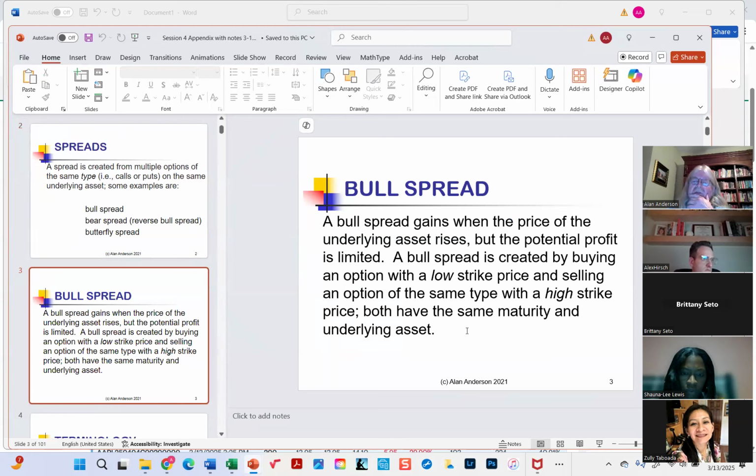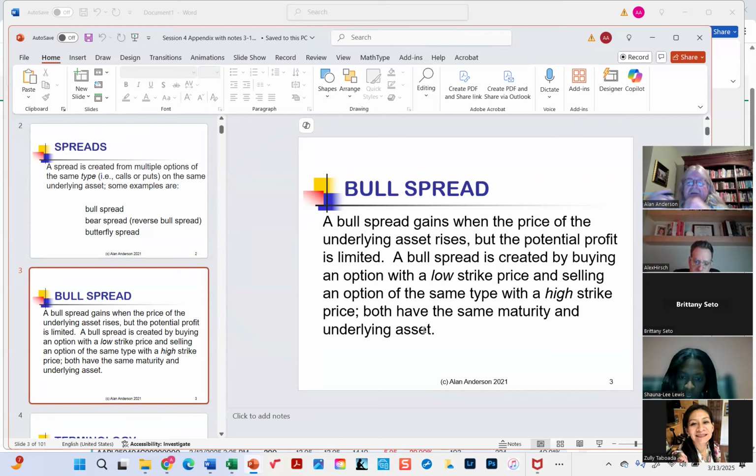Now we have this notion of the bull spread. You know that in Wall Street, bullish means optimistic and bearish means pessimistic. The bull spread is set up to take advantage of price increases, but at a lower cost than simply buying a call option.